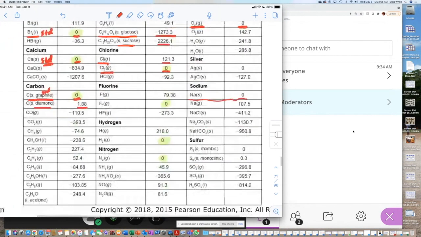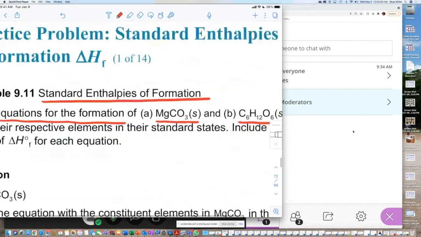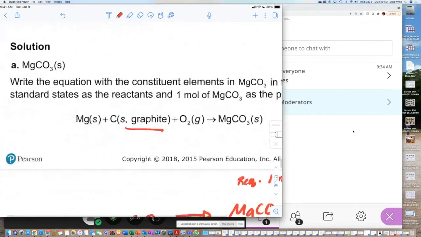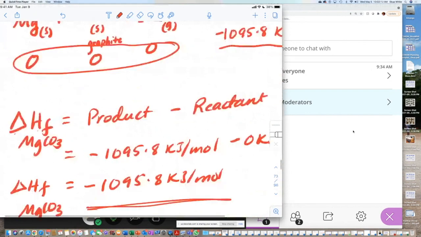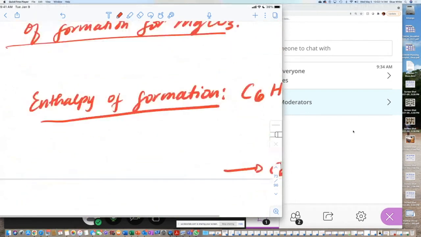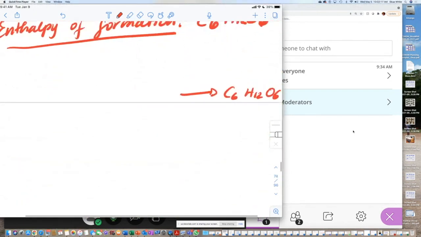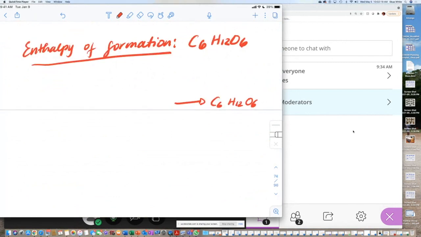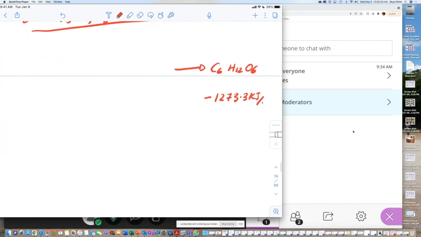So making all of these compounds actually is causing the system to lose energy, to release energy. Okay. So I'm going to scroll down slower and write down here. Okay. From the table, I got the delta H of this here to be negative 1273.3.